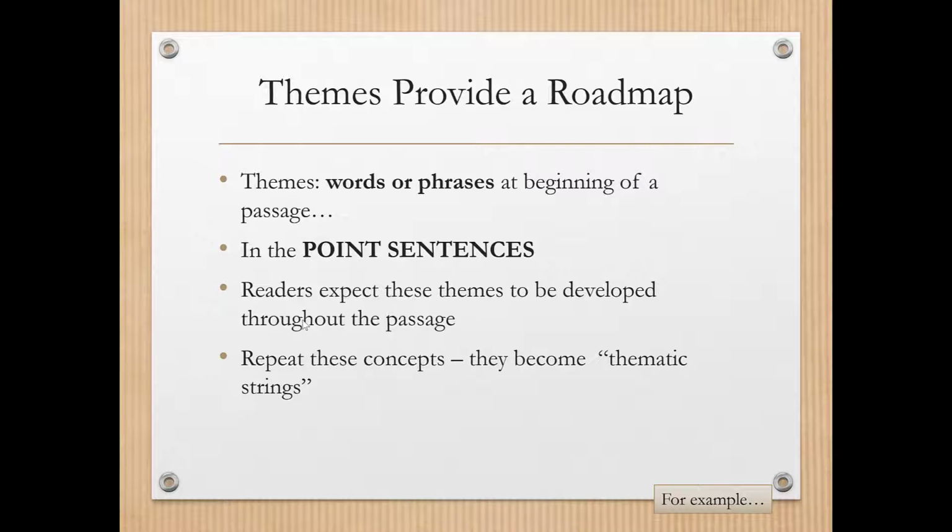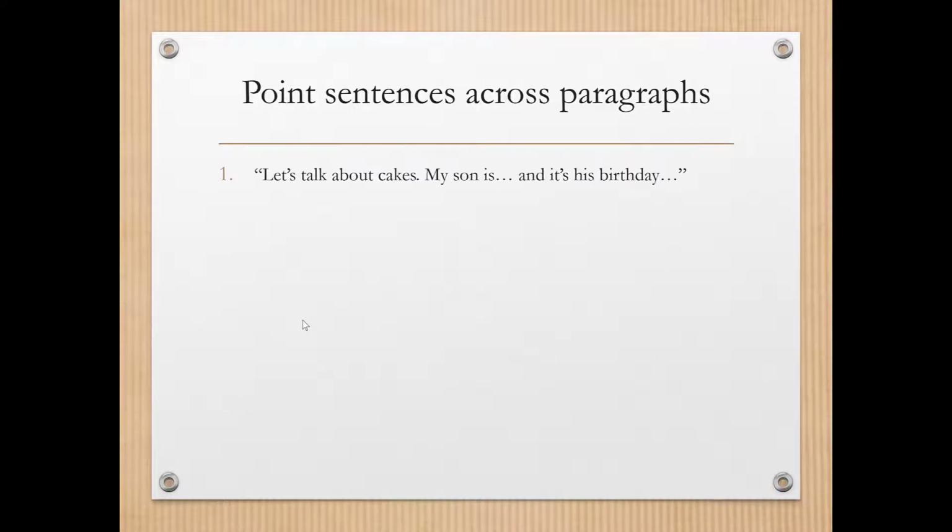So let's look at this example again. Let's think about the conversation that my friend had with me and how he might indeed write this down in a piece of writing. We might expect the first paragraph to say, well, here's the theme. We're talking about cakes. It's my son's birthday. Maybe the second paragraph might be we move into an idea about cupcakes.